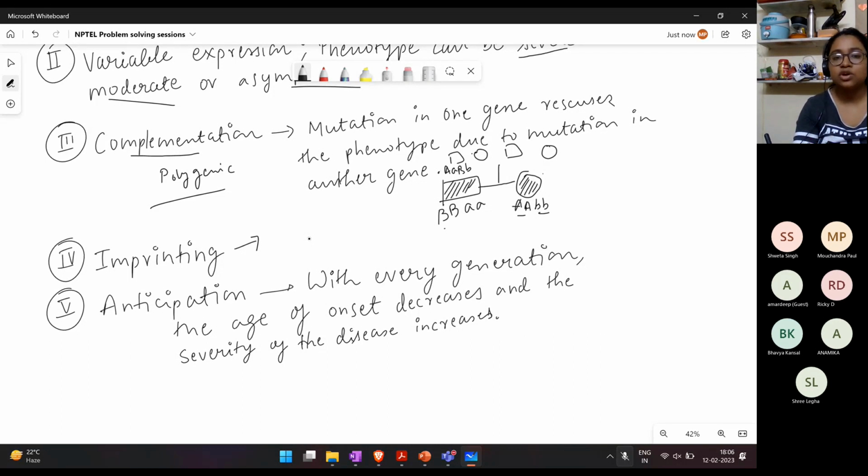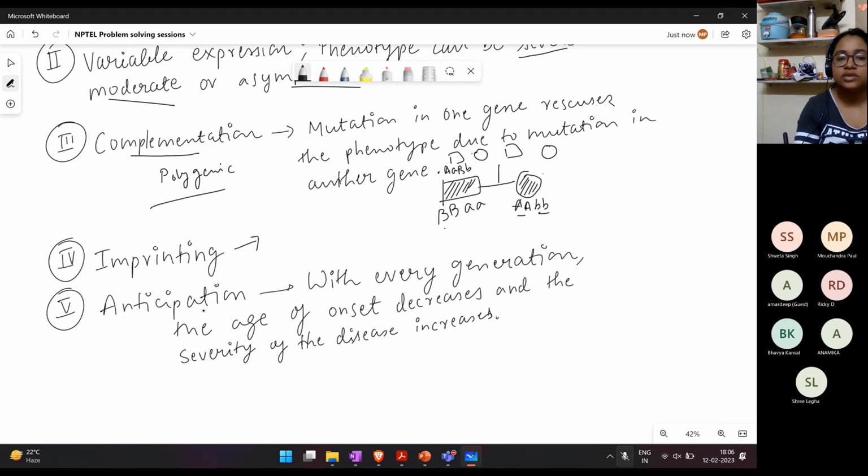The same gene copy on the mother's chromosome will not be expressed. The vice versa is also possible. So this imprinting can also play a role and makes things a bit complicated when you are doing pedigree analysis.